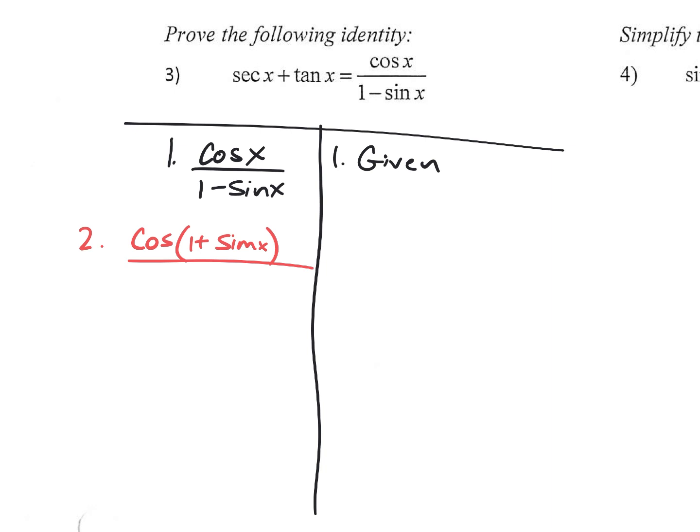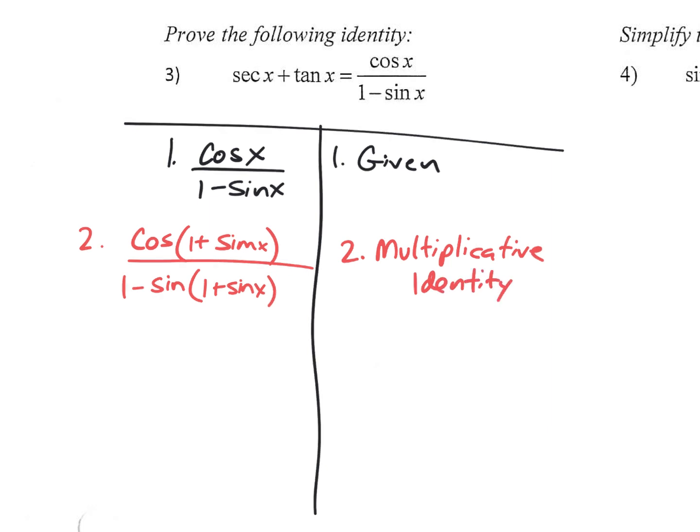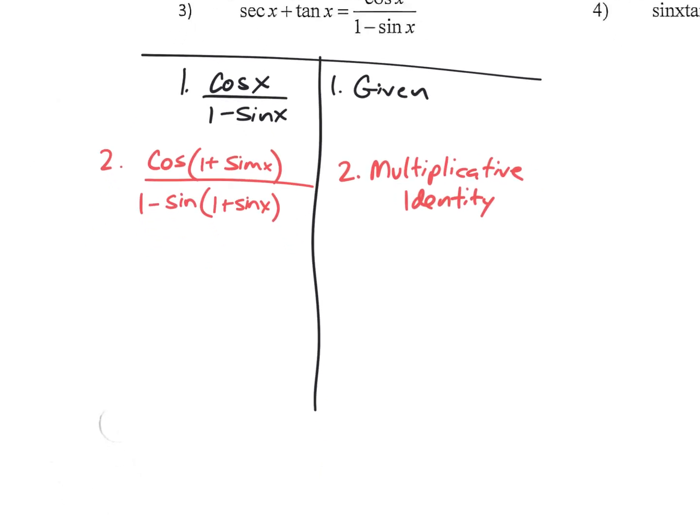I'm going to multiply my numerator and denominator by 1 plus sine of x. What allows me to do that is what we call the multiplicative identity. The multiplicative identity tells us that when we multiply something times 1, it doesn't change its value, right? That's how we're justifying the statement that step 1 is equivalent to step 2.